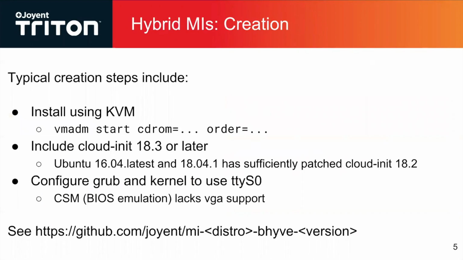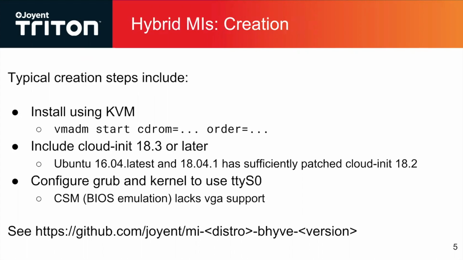So the typical creation steps for a hybrid image are to use KVM, primarily because we have not implemented all the niceties that QEMU has around being able to specify a one-time CD-ROM and boot order and things like that. We'll get there, it's just not there yet. So hybrid images are still created on KVM.